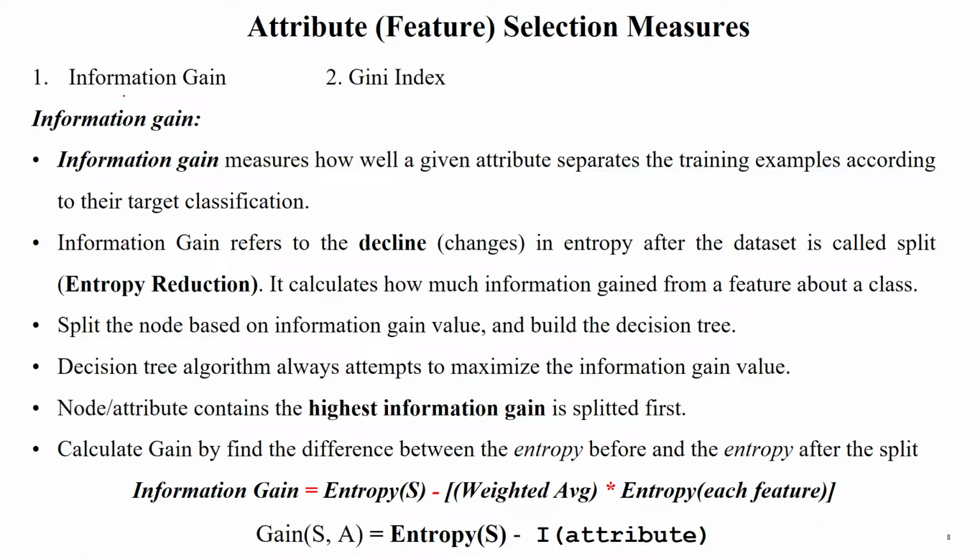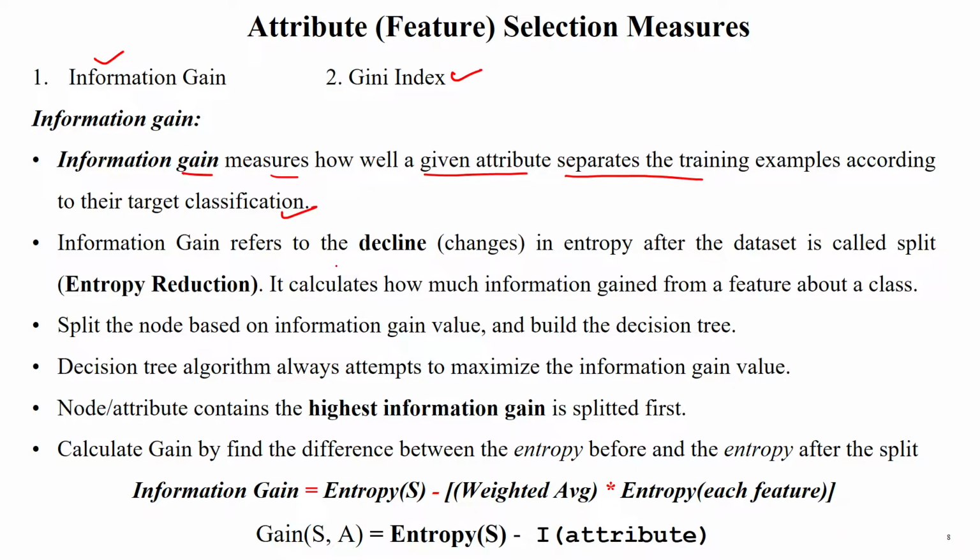Those are information gain and Gini index. Here, the information gain is used to measure how well a given attribute separates the given training samples to classify into different classes based upon the target label.